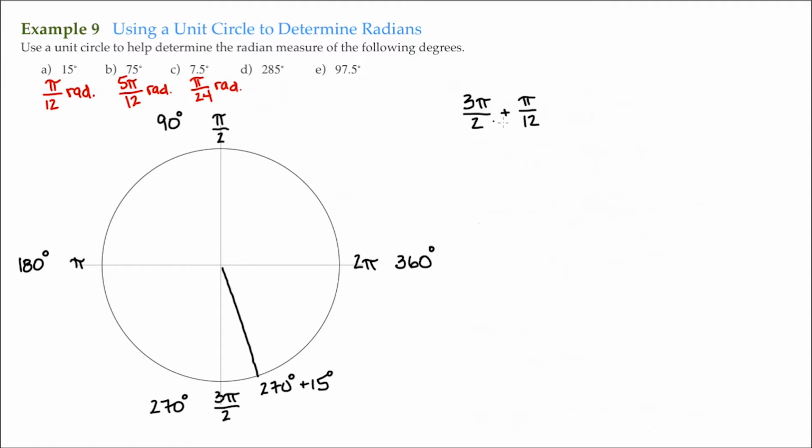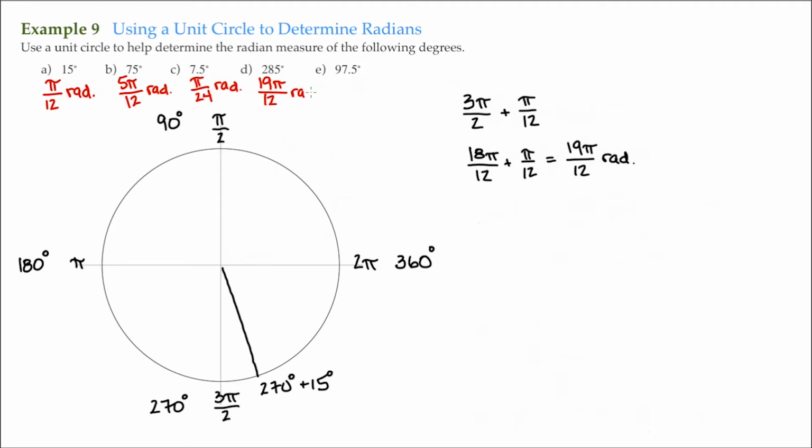Here's our 270 degrees, here's our 15 degrees. Add them together, 285 degrees. We'll have a common denominator here. This is 18 pi over 12 plus pi over 12, 19 pi over 12 radians. So 285 degrees is 19 pi over 12 radian.